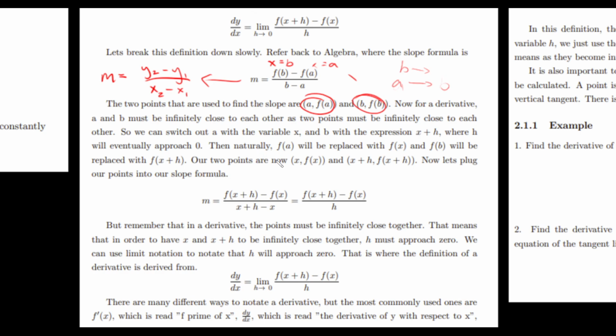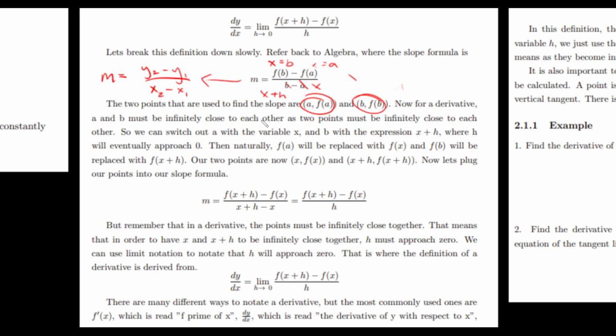So here's what we're going to do, right? We're going to switch out a with the variable x. And b, we're going to switch with x plus h. And what we're trying to do is take the limit as h approaches 0. So both b and a become x.